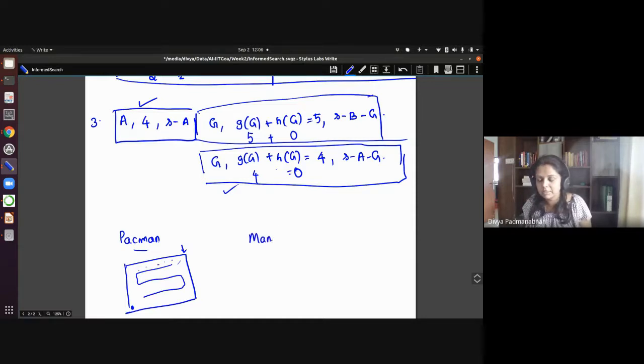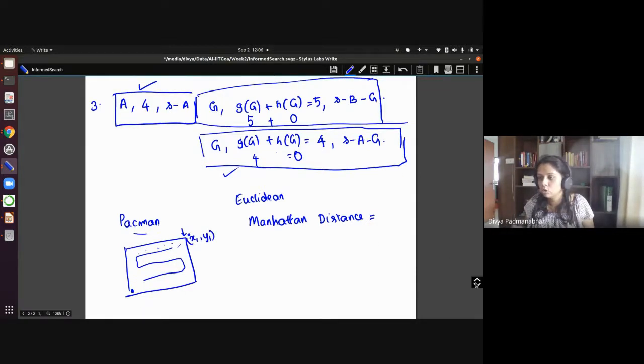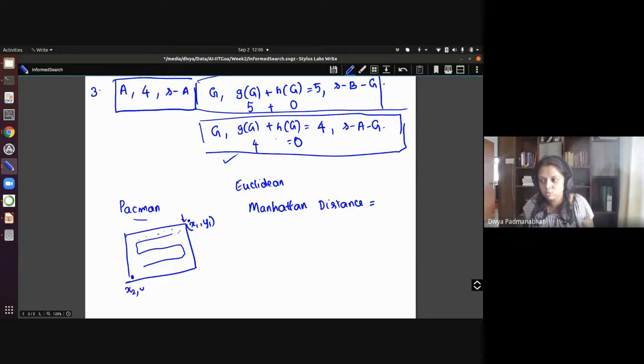Let me explain that, and then I'll show you the demo. So Manhattan distance. All of you, I guess, know the Euclidean distance, right? So let me write that also. Euclidean distance is the straight line path. So if you're at A, this is x1, y1, and what you have here is x2, y2.